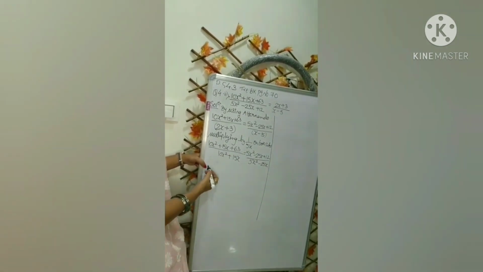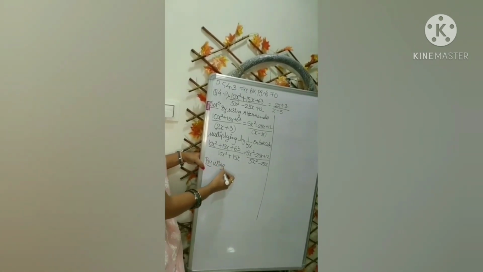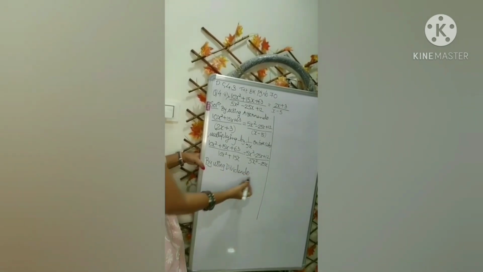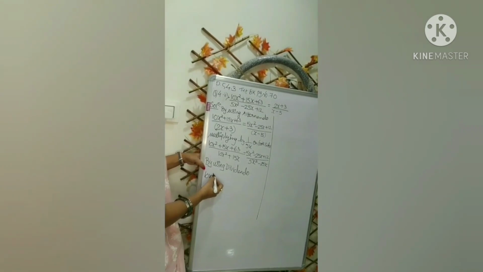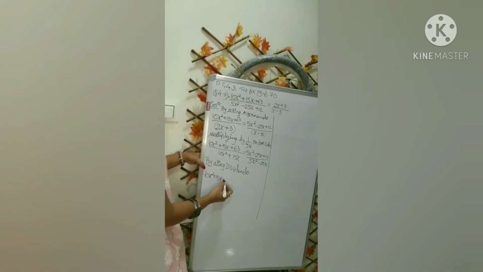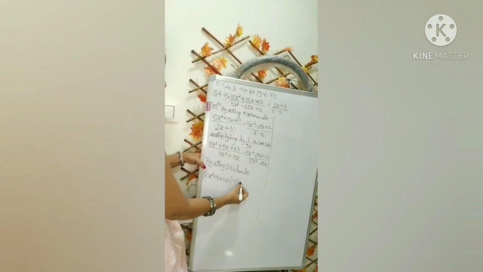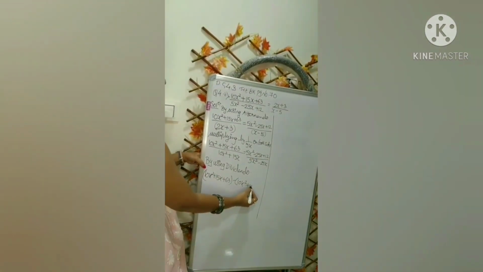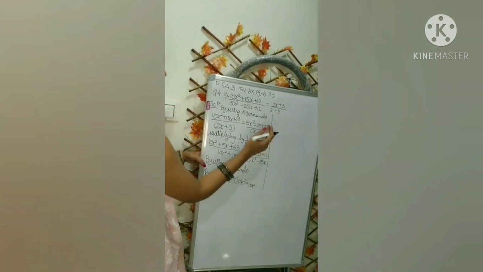Next thing I do over here is I will be saying by using which property? Dividendo. So if I use the property dividendo here, from 10x square plus 15x plus 63, I will have to separate 10x square plus 15x.